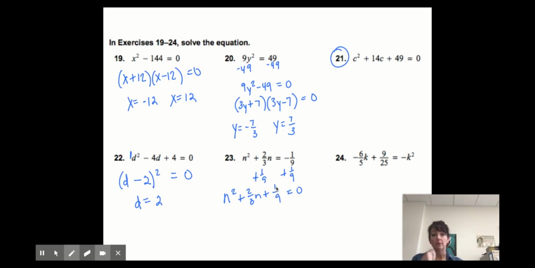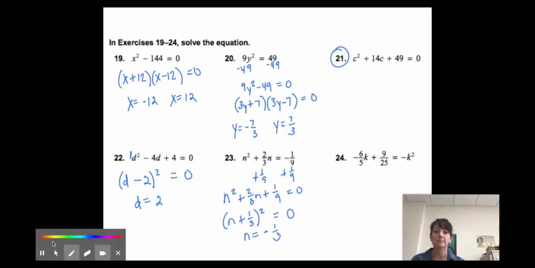This is a perfect square because you can have 1/3 squared. All right, so there's two positives, so we'll have n plus 1/3 quantity squared is equal to 0. So when we solve, we're subtracting the 1/3 from both sides. So negative 1/3 is our solution, and again, we only have one solution.